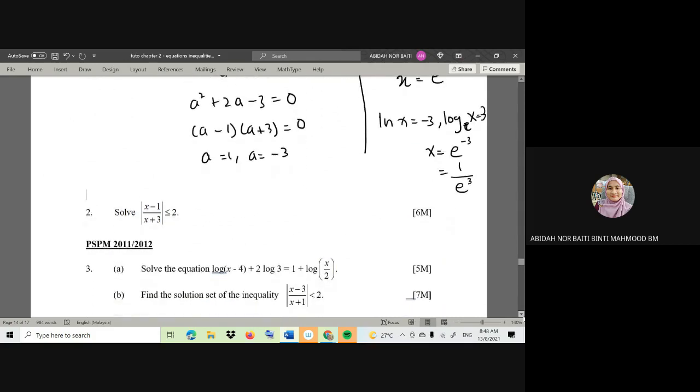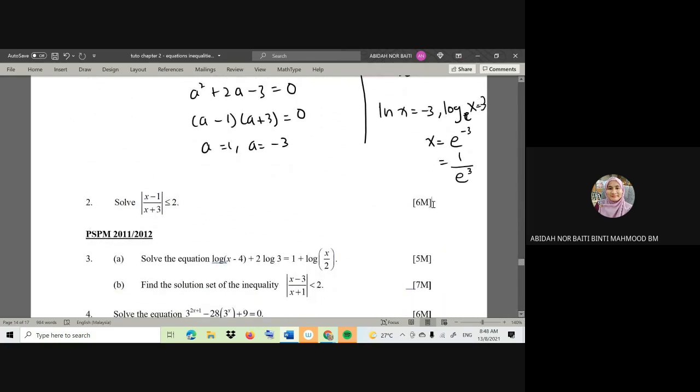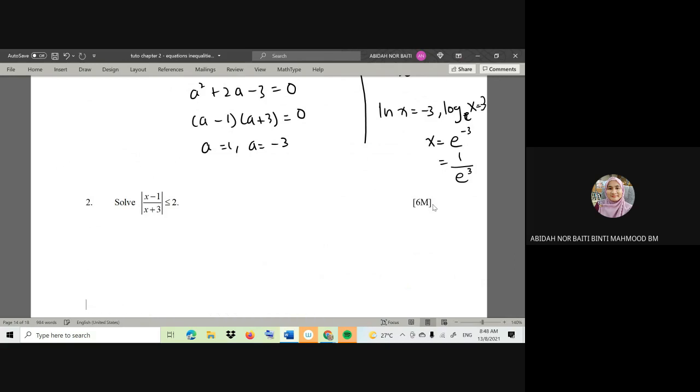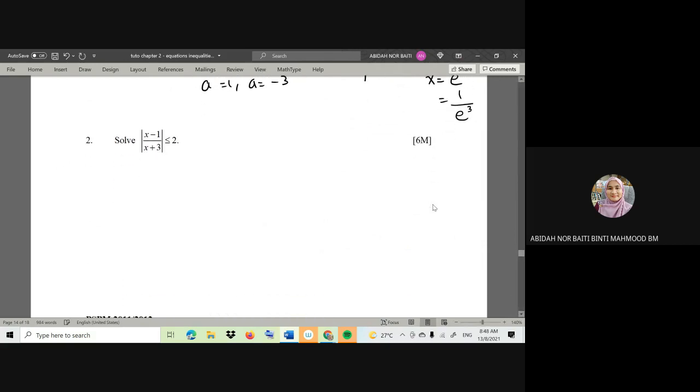For question 2 we have modulus at one side. So if we have modulus at one side, we use goal. Goal. Okay? Sebab dia ada modulus. So less sign kan? Sign dia less. So less n. Okay?